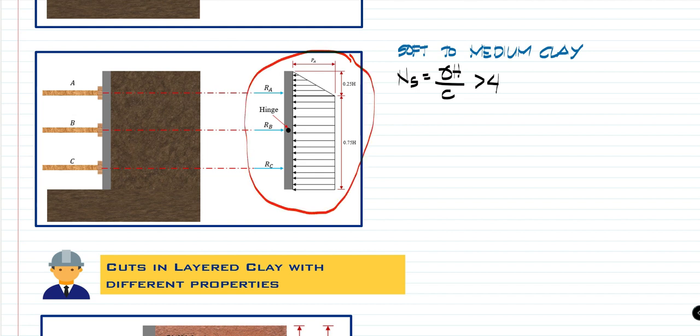So, it just consists of isang uniformly varying load dun sa upper side, then the rest is a uniformly distributed load.